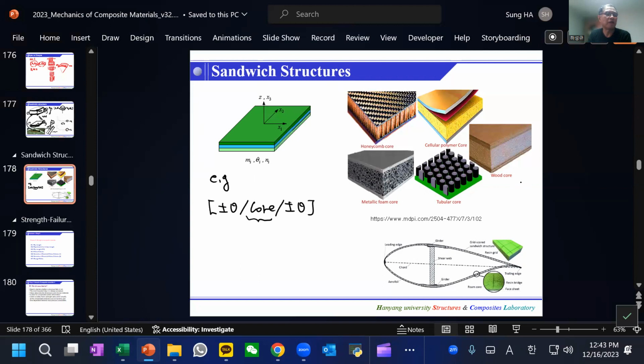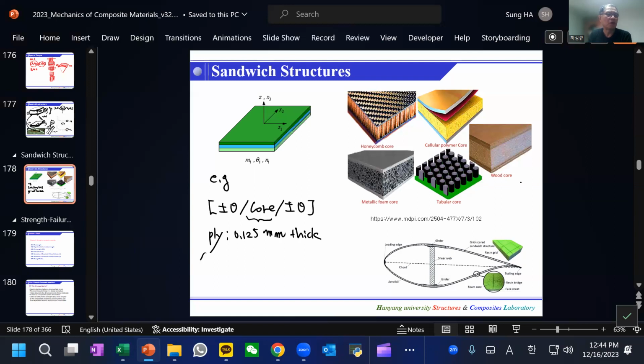In general, a ply thickness is usually 0.1 to 5 millimeters, a very standard ply thickness.